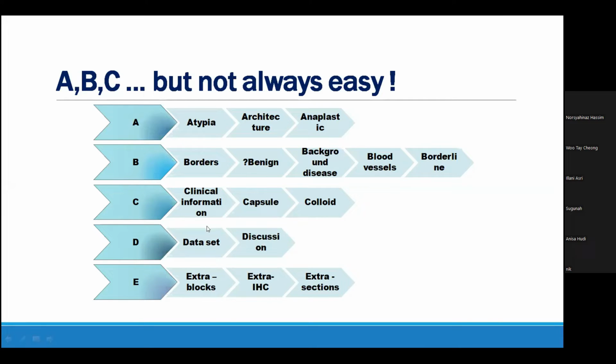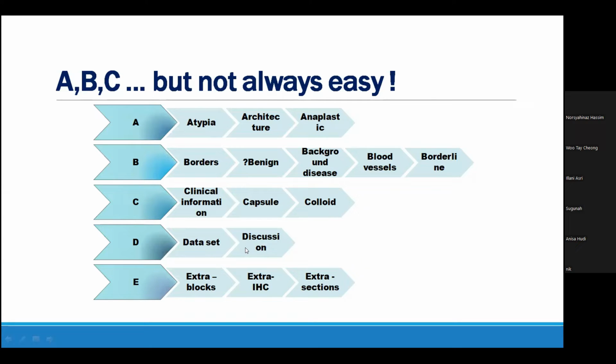C is clinical information. It is very crucial. We shouldn't diagnose anything in isolation. And capsule, as I mentioned before, capsule and border are almost the same. And colloid: the presence and absence of colloid is also a clue to push it towards benign or malignant. And the data set: although we like to describe a lot, what is important is what must be there in the report. This is important for the clinician to manage the case.